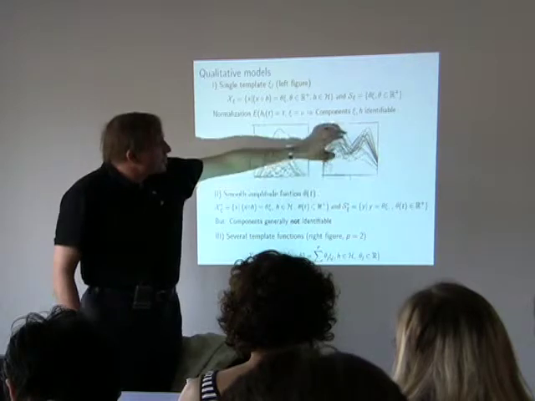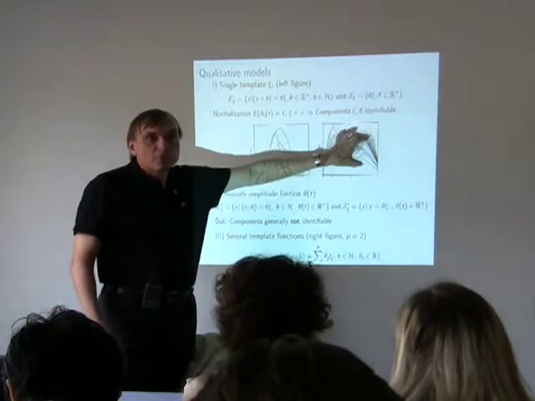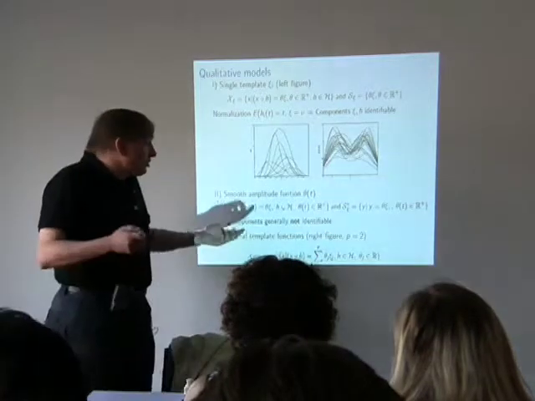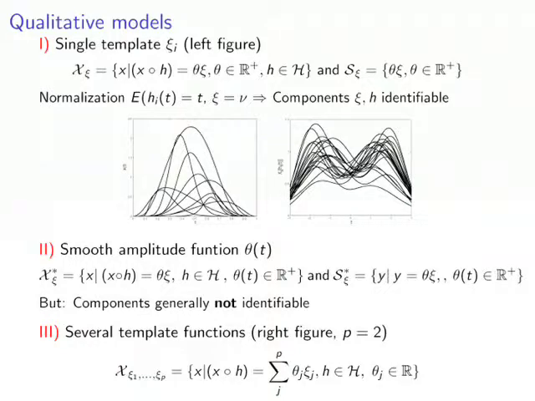One component here, which has its proper amplitude, one component here, which has its proper amplitude. And this works in this sense. So there are several template functions which correspond to different functional components. Obviously, this has to do with functional principal components. Okay?